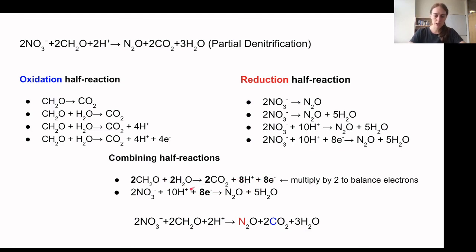Our hydrogens are going to cancel out, except for 2 hydrogens on this side, because we have 8 hydrogens over here and 10 hydrogens over here, and we end up with our nitrate, our sugar, and our hydrogen on one side, our CO2, our nitrous oxide, and our water. Of course, our waters are canceling out over here. We have 2 waters on one side and 5 waters over here, so we're left with 3 waters on the other side.